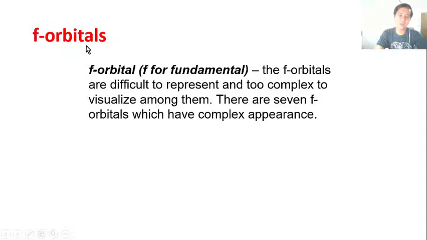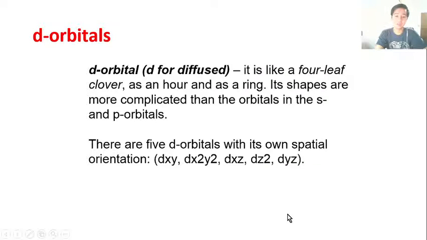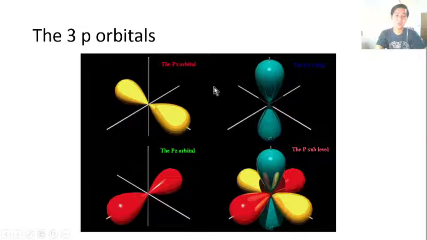Now for f orbital, f is for fundamental. There's no definite shape for this because it's too complex to visualize. There are 7 f orbitals, which have complex appearances. So here there are 5 d orbitals having different spatial orientations, while the p orbitals have 3, right?